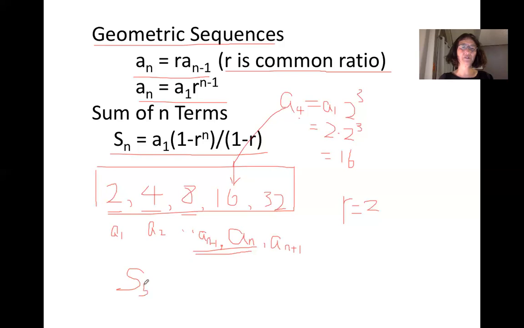So S5 equals A1, A1 equals 2, times 1 minus r, r equals 2, raised to the power n, n equals 5, divided by 1 minus r.